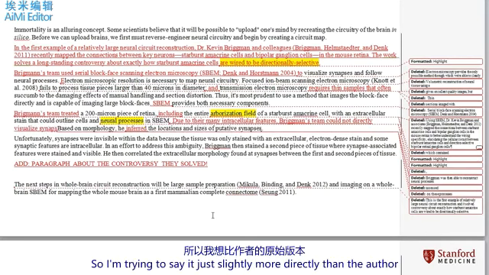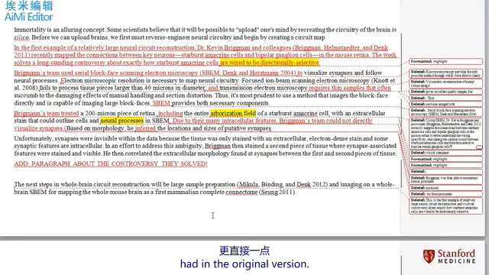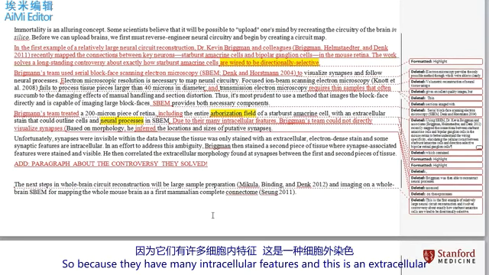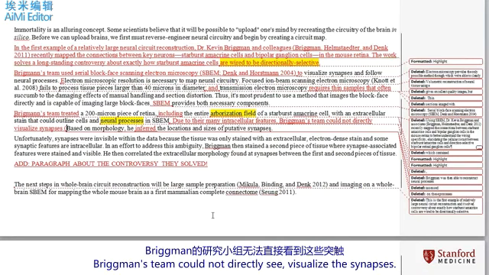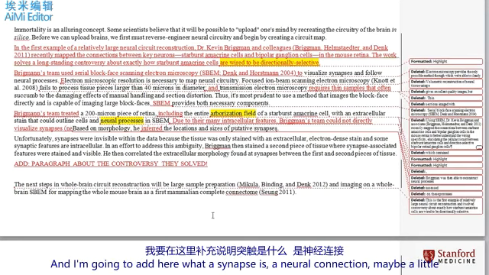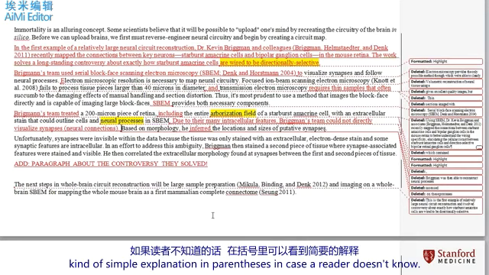So I'm trying to say it just slightly more directly than the author had in the original version. So because they have many intracellular features, and this is an extracellular stain, which we've just said in the previous sentence, so we don't need to repeat, Brigman's team could not directly visualize the synapses. And I'm going to add here what a synapse is, a neural connection, maybe a little kind of simple explanation in parentheses in case a reader doesn't know.